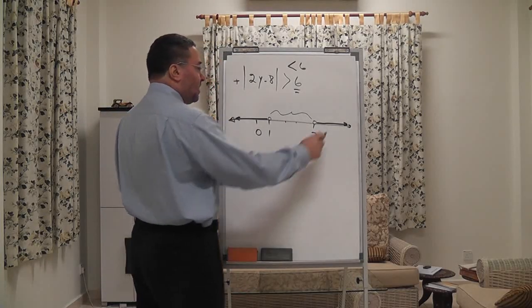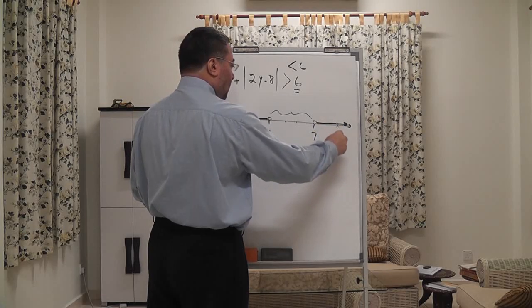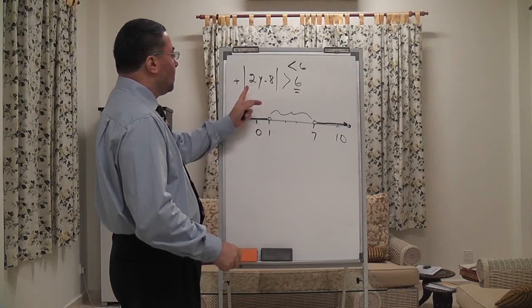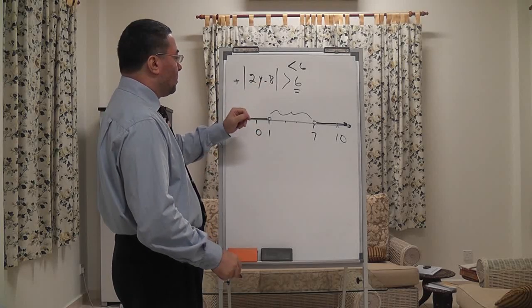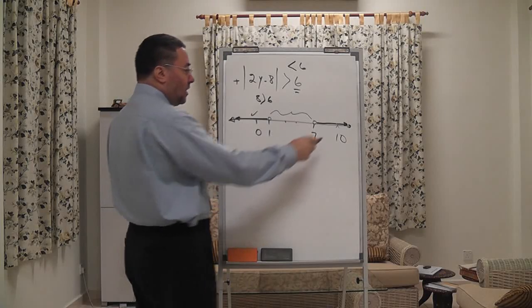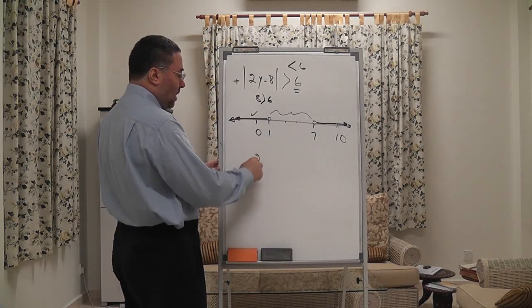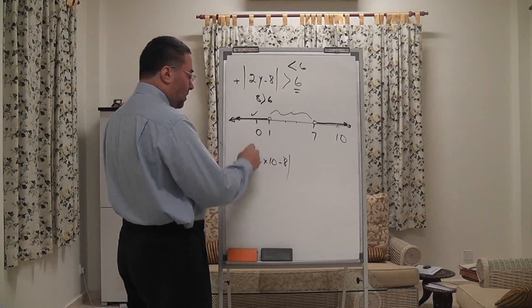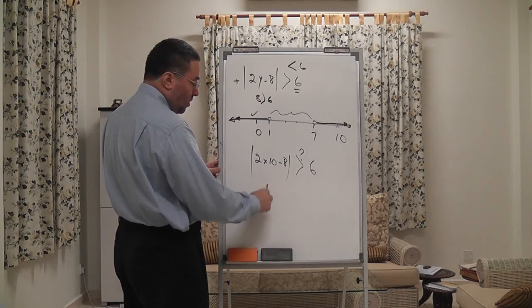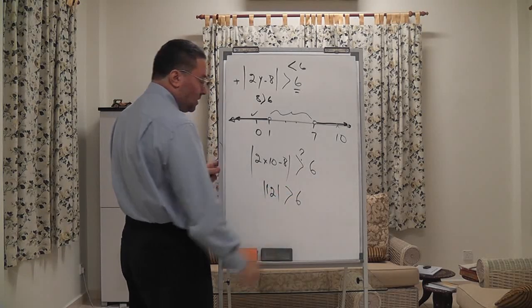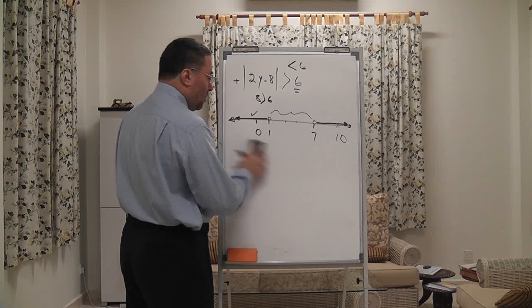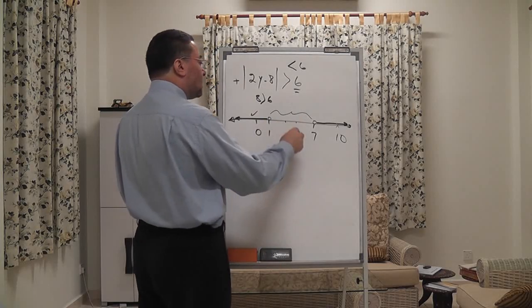So let's see if these two regions fit. We can use here 0. We put 2y, 2 times 0, that's 0, minus 8, that will be minus 8, comes out from the absolute value as 8, more than 6, that's correct. Here an easy value is 10, so 2 times 10, minus 8, is it more than 6? We have 20 minus 8, and that's 12, and that's more than 6, so this region is correct. Let's try a value which is between the roots.